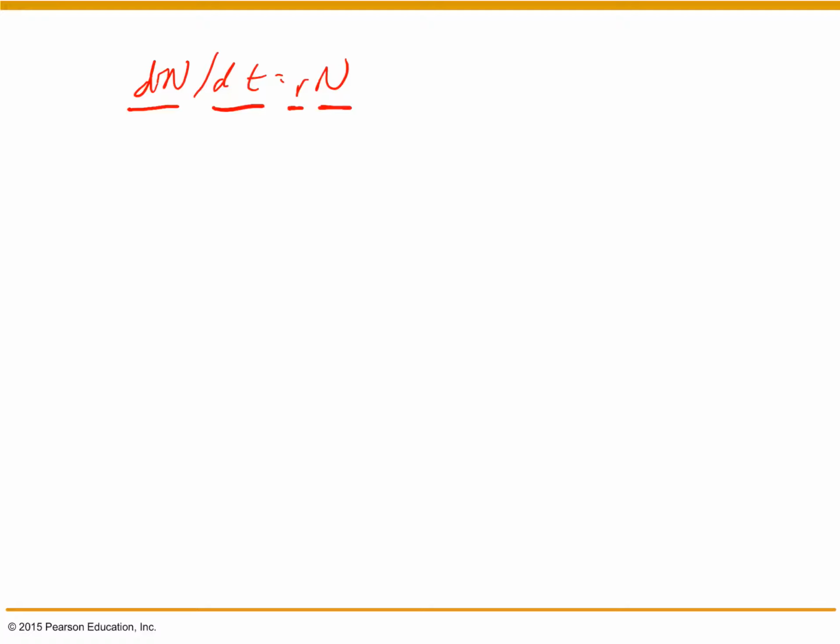Now that particular model, that exponential population growth model, is based on certain assumptions about the environment. These assumptions are, first of all, that resources are unlimited. Okay, that's one.